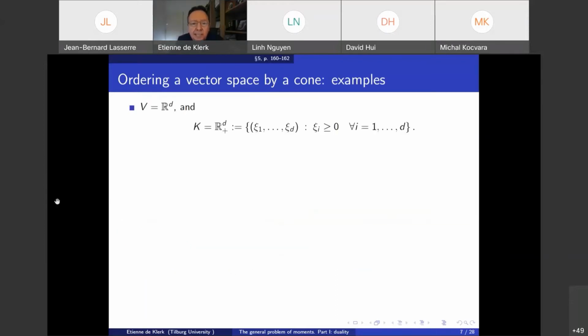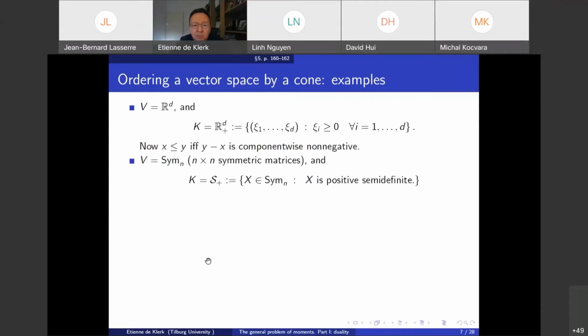Let's look again at our examples from before. How does this look for the cones that we all know? First of all, in the Euclidean space we have the familiar cone, the non-negative orthant, the vectors of length d with non-negative components. We write x smaller or equal y if and only if y minus x has non-negative components, which is the same as saying it belongs to the non-negative orthant.